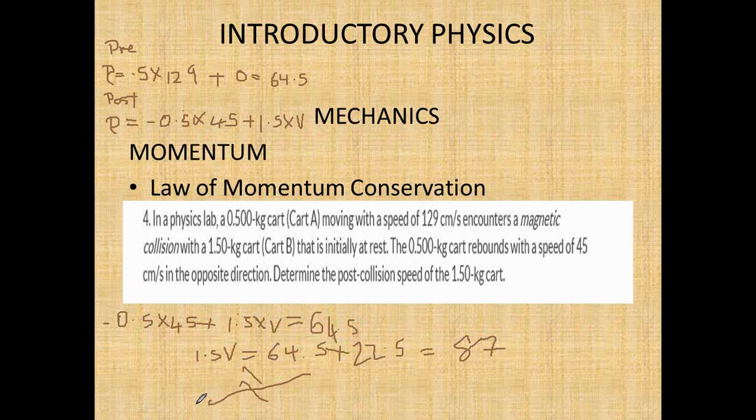When you solve for v, you divide 87 by 1.5 and you get 58 centimeters per second. This is because we're assuming that momentum is conserved. The pre-collision momentum is equal to the post-collision momentum.